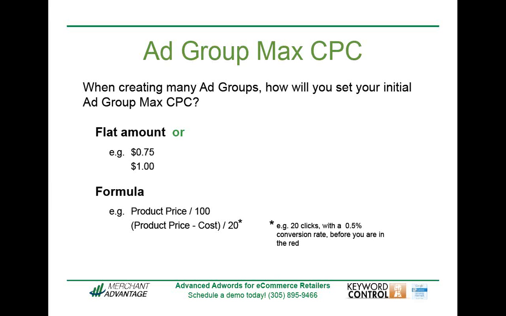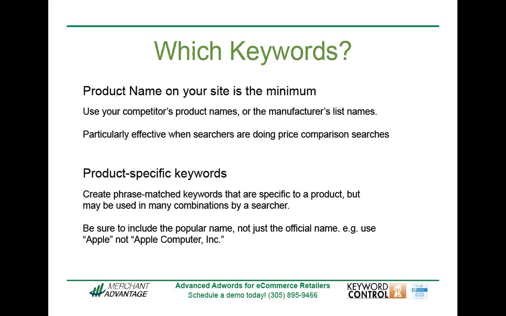Product price minus cost divided by 20. This example, we happen to like. It gives you 20 clicks before you're really losing any money, which translates to a 0.5% conversion rate before you're in the red. You're going to have higher conversion rates when you're doing this type of advertising, so you should really expect to shoot high there.